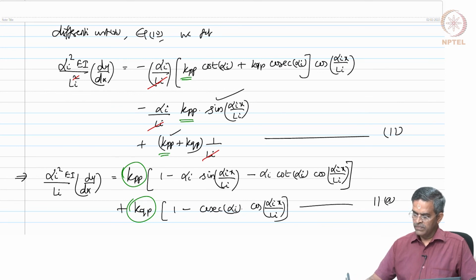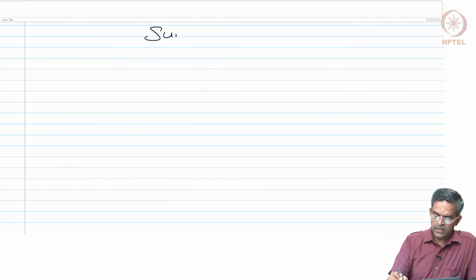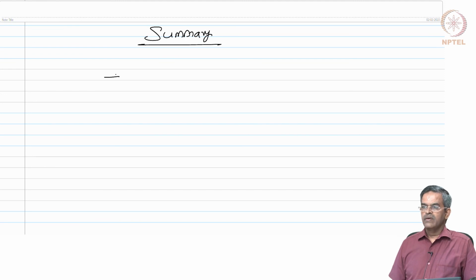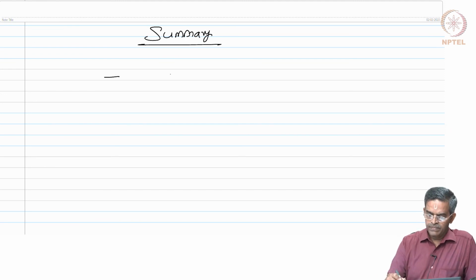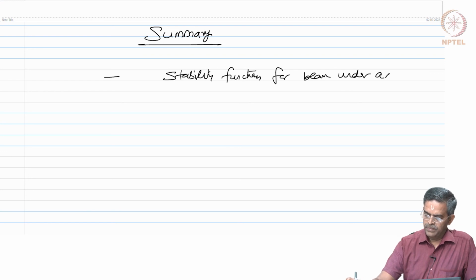So, friends, we look at the summary of what we discussed in this lecture. In this lecture, we are learning to derive the stability function for a beam under axial compression.